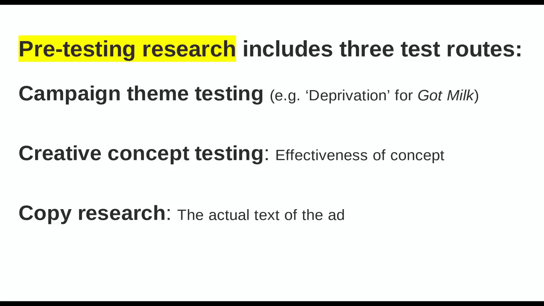And this test is going to help us figure out if an idea, before the final execution, is going to be accepted or rejected. So really it focuses a lot on the target audience, right?